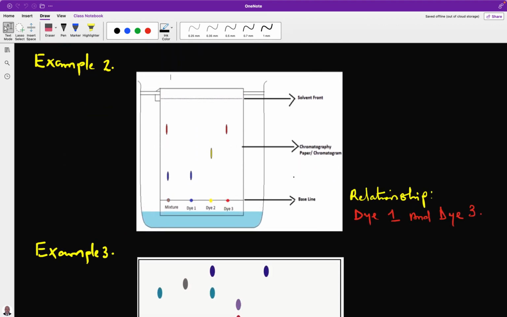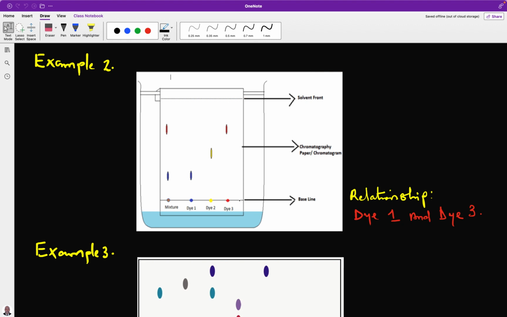Now, this is a standard that has been made. This is the mixture. There are different dyes: dye 1, dye 2, dye 3. This is a pencil line that has been drawn, called the baseline. Remember, I said it is recommended to use pencil, not pen, because a pen contains many colors.